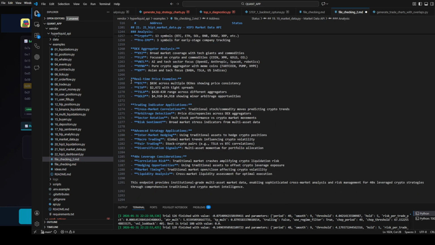Then we have real-time price examples: BTC, ETH, Tesla, gold. Trading indicator applications: cross-market correlations, traditional stock and commodity moves predicting crypto trends; arbitrage detection, price discrepancies across DEX aggregators; sector rotation, tech stock performance versus crypto market movements; risk sentiment, broad market stress indicators from multi-asset data.